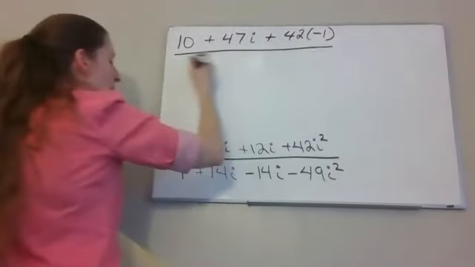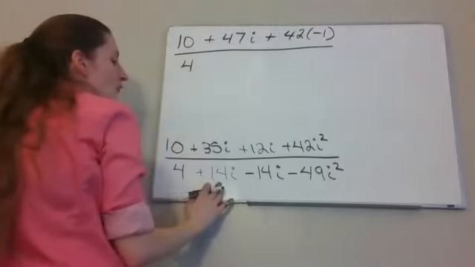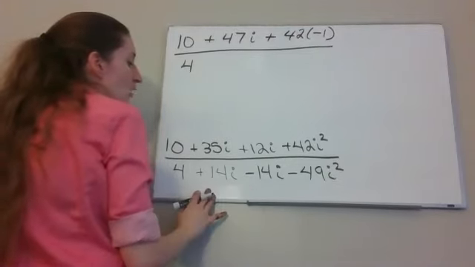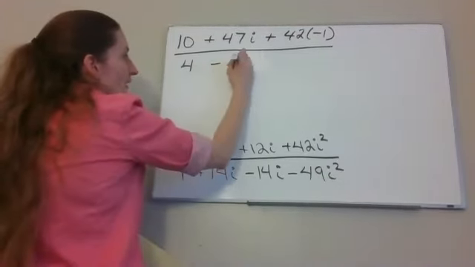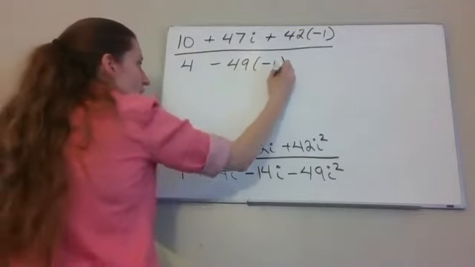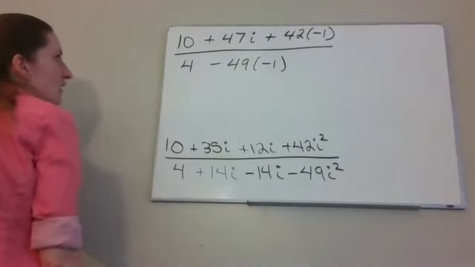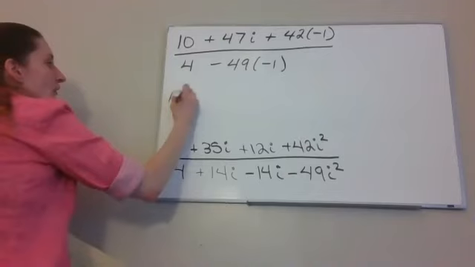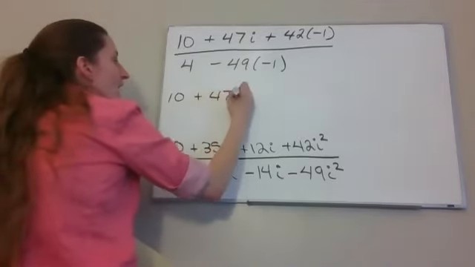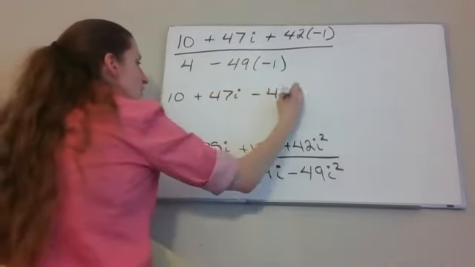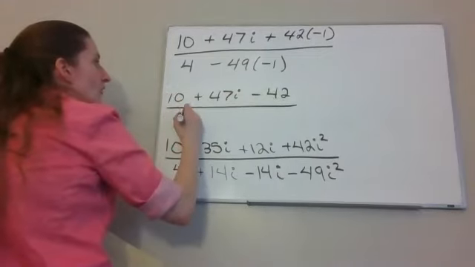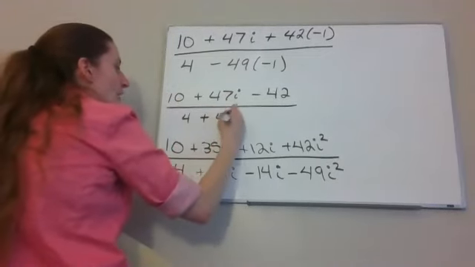And in the bottom, I have 4. My 14i and my negative 14i go away, and I have a minus 49 times a negative 1. So this, of course, is 10 plus 47i minus 42 over 4 plus 49.